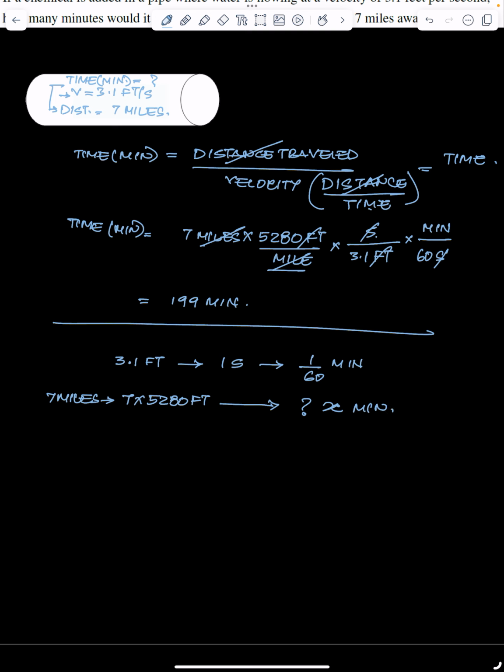In order to calculate x, you have this multiplied by this divided by this. So 7 times 5,280 multiplied by 1 over 60 divided by 3.1, and this will work out to, again, 199 minutes.